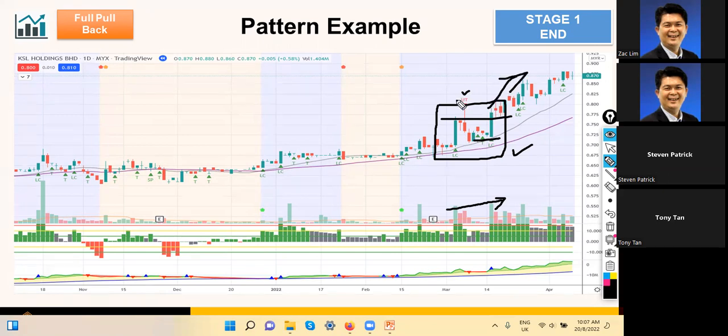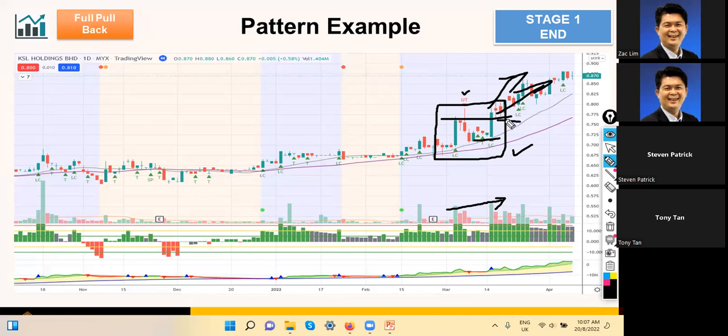Only if the market situation is not that good, or it is an overall bear market, then there will be some problem. But in an overall bull market, this one goes very fast. But how far it goes is a different story.